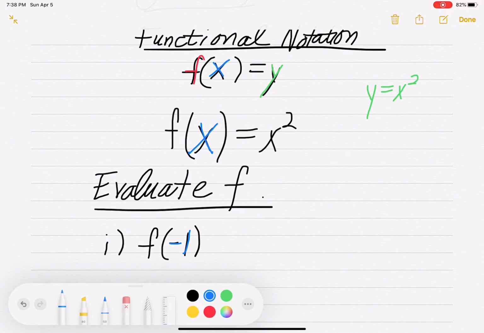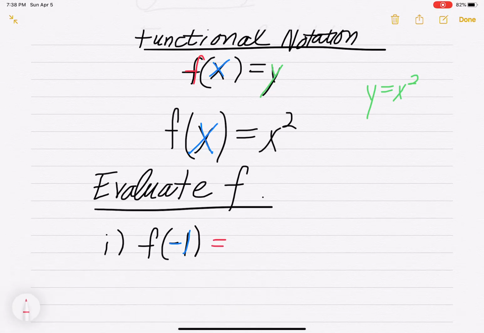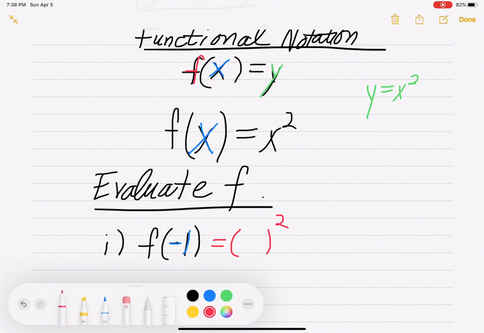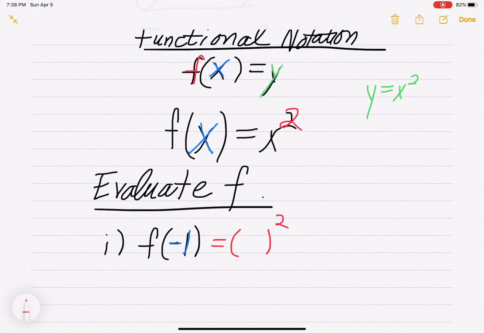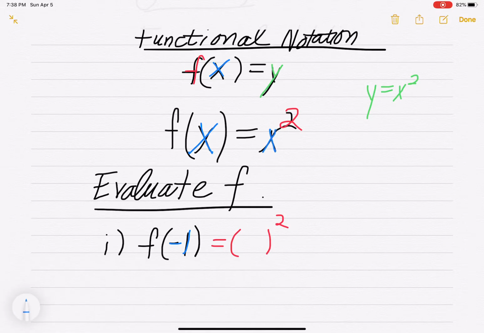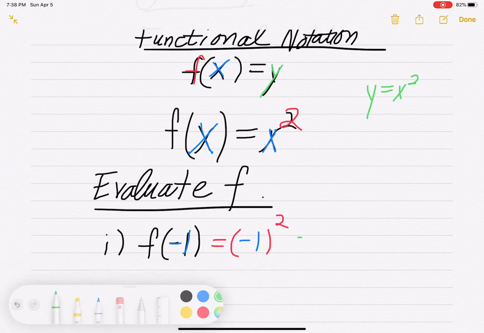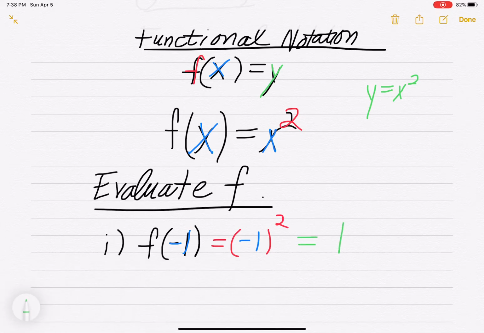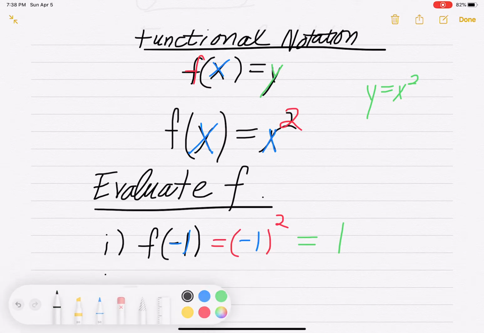I'm going to make a template: a blank squared. In place of my x, I'm going to put a -1. So I'm going to do -1 squared. And we know -1 squared is simply 1 because squares kill off negatives.